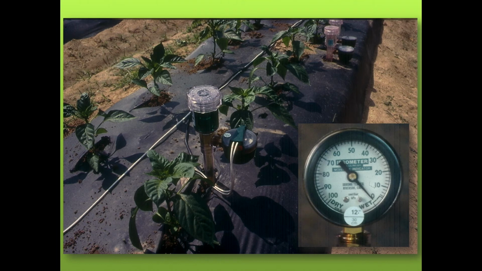But normally, zero is saturated. You're at field capacity. Then it gets more negative. A lot of our soils in Alabama, we normally start irrigation when we typically get anywhere from 12 to 8 on this gauge. You can talk to a soil scientist here and he'll say, well, you need to do this and this, but these are an excellent way to do it and they're cheap. So 40 to 50 bucks, and Patrick has one.